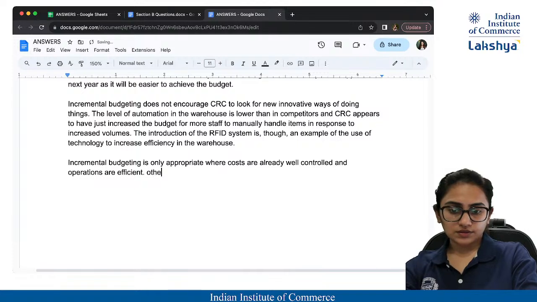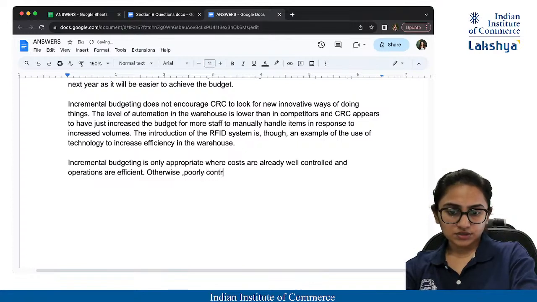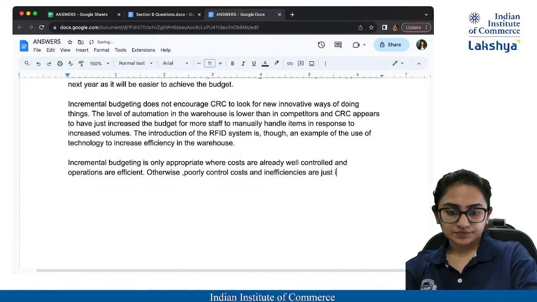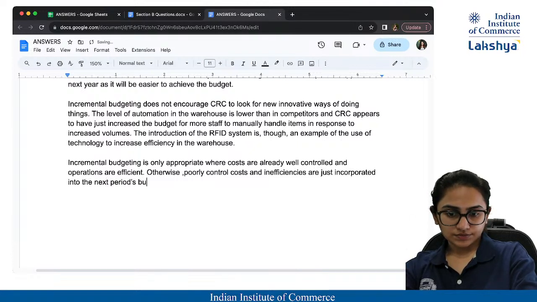Otherwise, poorly controlled costs and inefficiencies are just incorporated into the next period's budget.